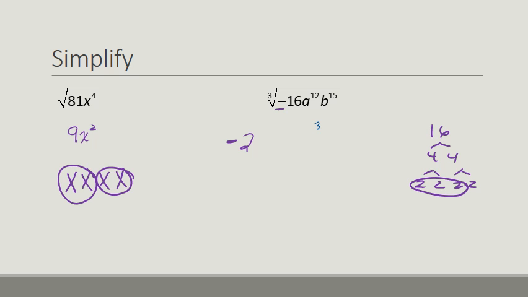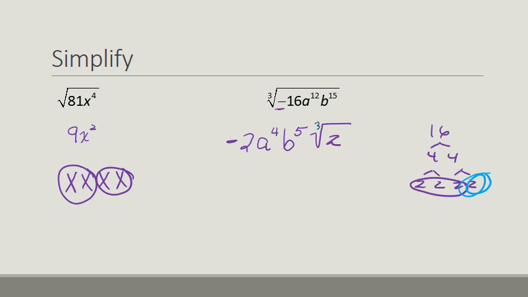So a to the 12th, 12 divided by 3 is 4 with no remainder. So it's going to be a to the 4th on the outside. For b, 3 goes into 15 evenly 5 times, so b to the 5th on the outside. And then I've got a 2, this 2 right here, left inside. And so that's my final answer.